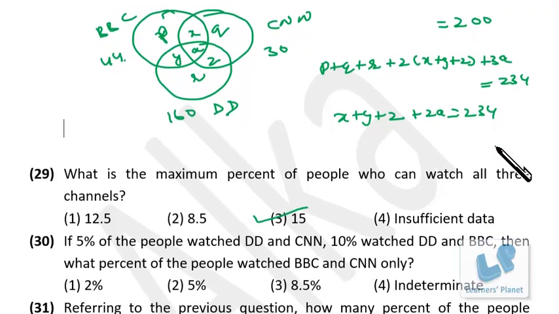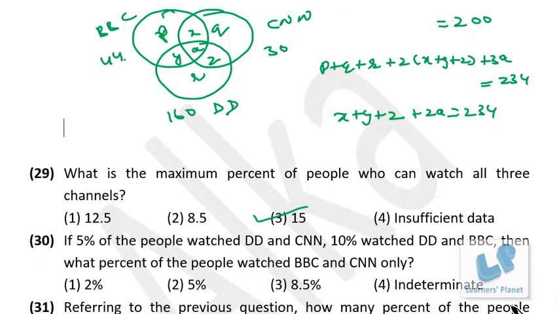Okay. So in this question, 5% of the people watch DD and CNN, that is what we have Z plus A, right? So Z plus A, 1A I am taking from over here. So Z plus A I have 5. Then DD and BBC, that is Y plus A. So that I have 10. 10%, that means 20.